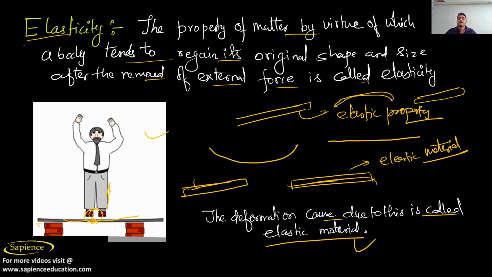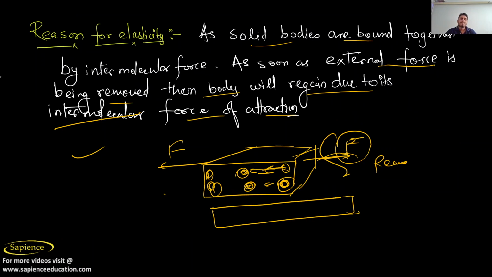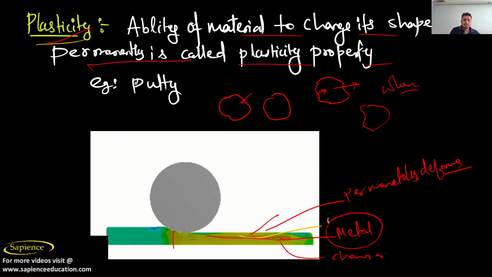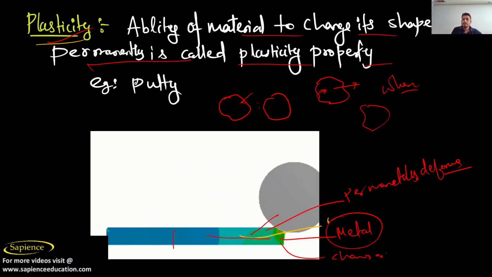Elasticity is the property of matter by virtue of which the body tends to regain its original shape. If you take a rubber and apply a force on it, it will change size after the force is applied. But when you remove the force, it will regain its original shape. That's why it is known as the elastic property. Now plasticity I have already discussed.